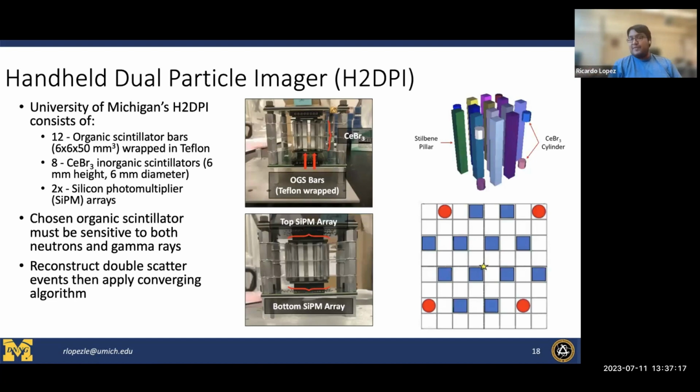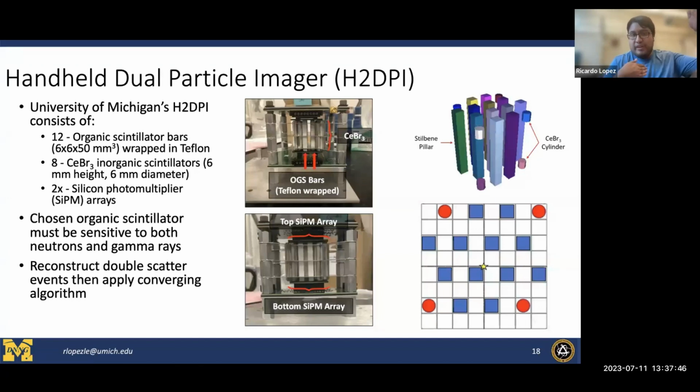Here at the University of Michigan, we've developed the handheld dual particle imager, or the HDPI. It's composed of a combination of organic scintillators, which are in the shape of these 6x6 by 50 millimeter bars, and some inorganic scintillators, which are these very small cerium bromide cylinders. Over in the middle is an actual picture of the active volume of the arrays.